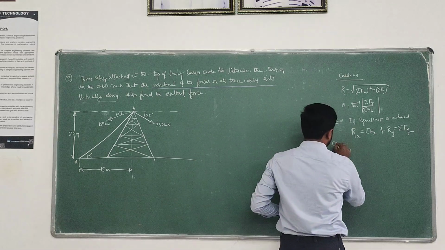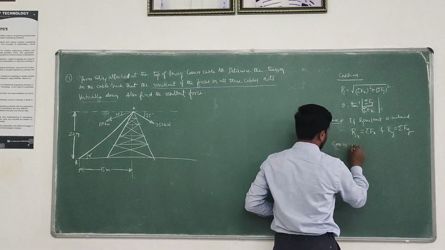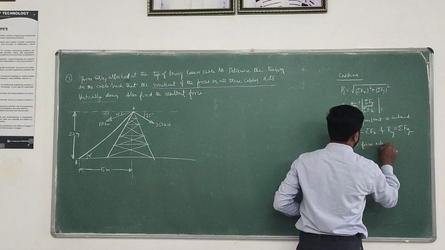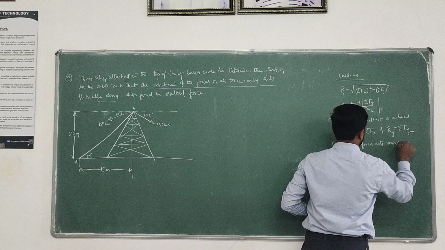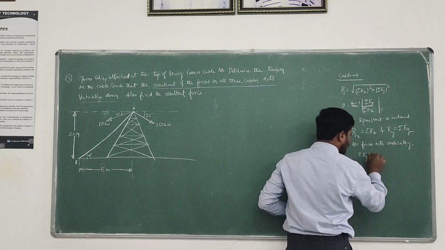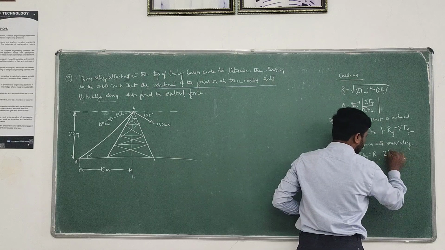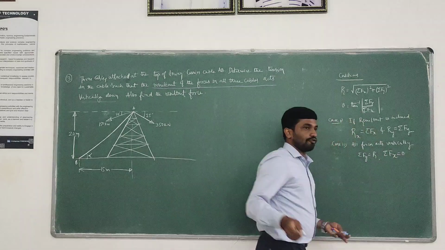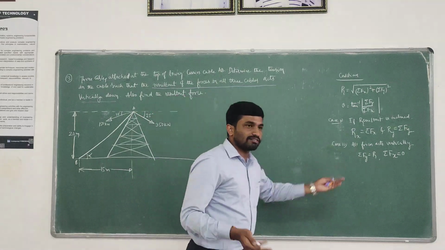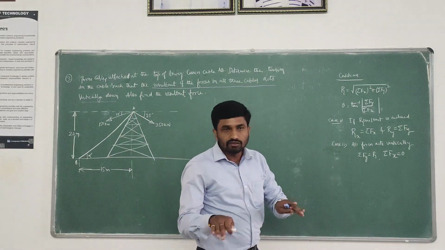In the next case, all forces act vertically. All forces acting vertically means sigma Fy equals R and sigma Fx equals 0. If all forces act in the vertical direction, the resultant is nothing but sigma Fy, and sigma Fx is 0.